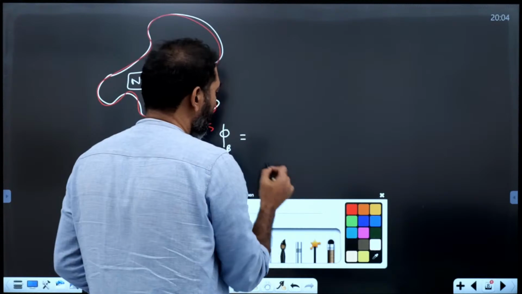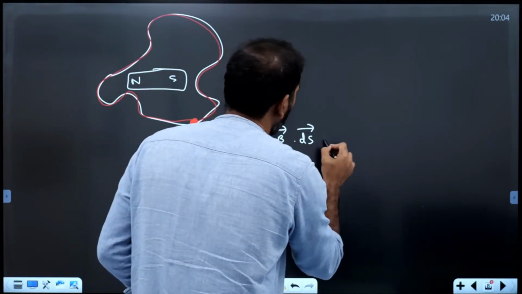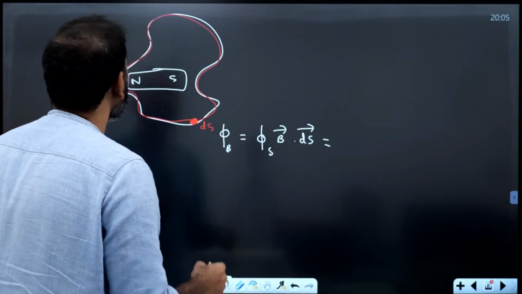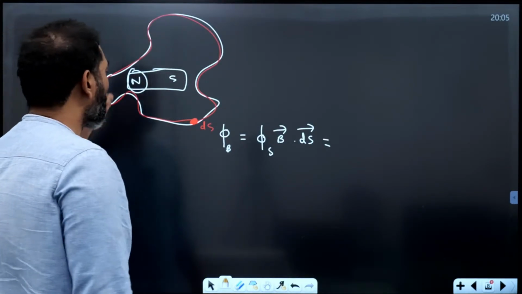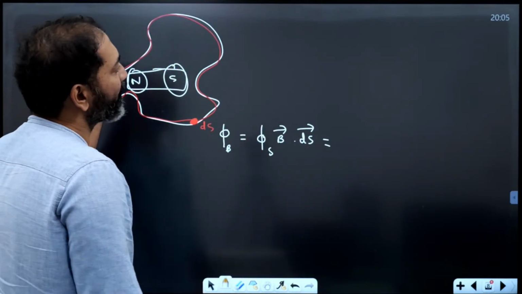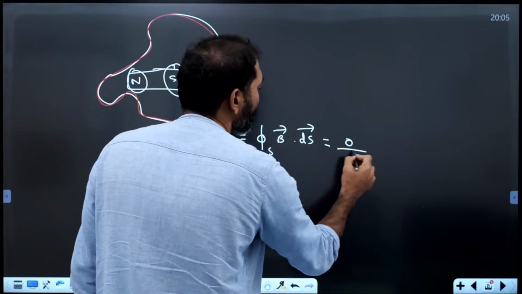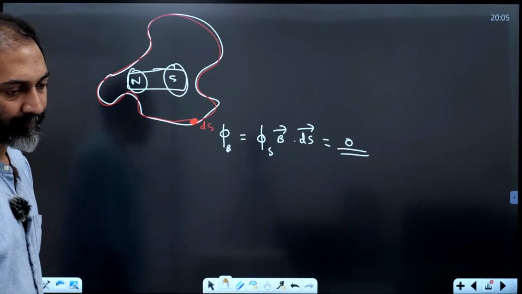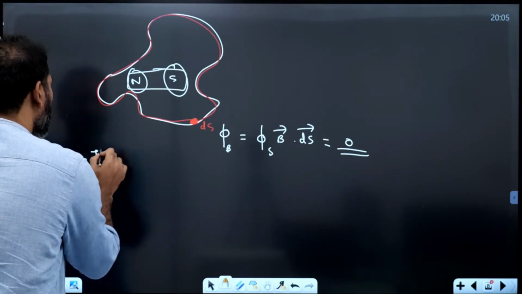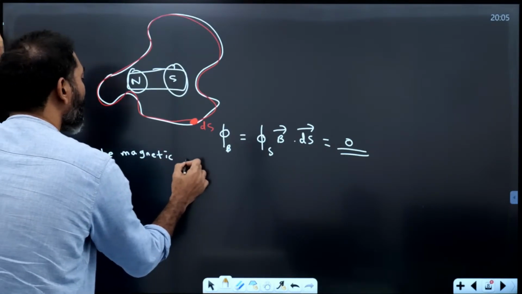So it becomes integral over S B vector dot dS vector. Now the situation is that the north pole has a particular pole strength, and the south pole has equal and opposite pole strength. So they will cancel each other and your answer will be 0, which means magnetic monopoles do not exist.